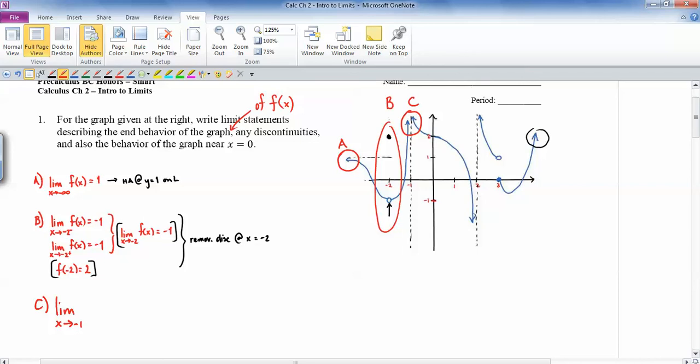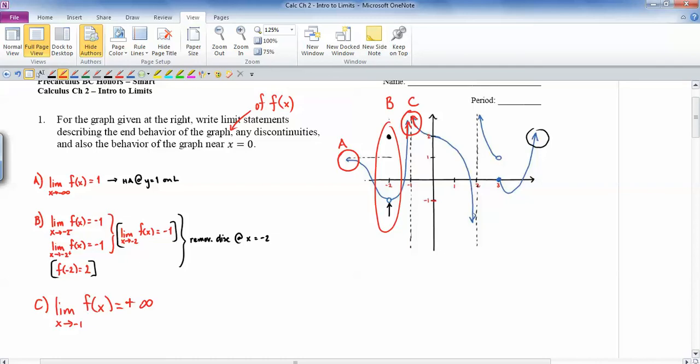If we look at what happens on the left side of -1, the function just shoots off to infinity on the left side of -1. And it does it on the right side as well. So we could do another statement that looks like this. Everything's the same except there's a plus there. Or I could just erase that minus, and that means it's going to infinity on both the left and the right sides, right? Positive, sorry.